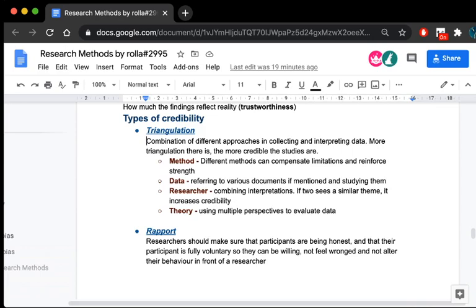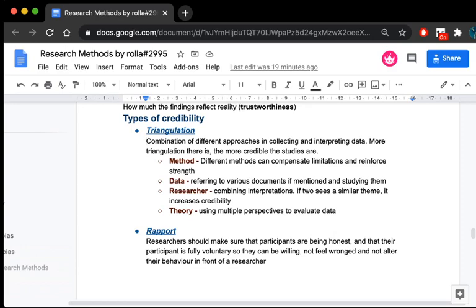The more triangulation there is, the more credible it is. Because it's basically like taking account of different perspectives and combining them together to make a more solid subjective approach, instead of being very biased to a certain interpretation. It can be done through the method, the data, the researcher, and the theory.